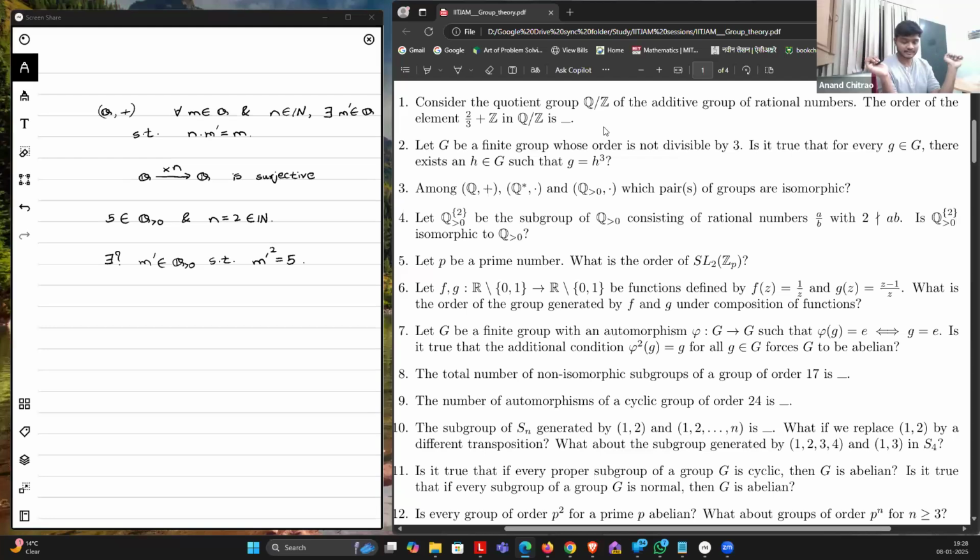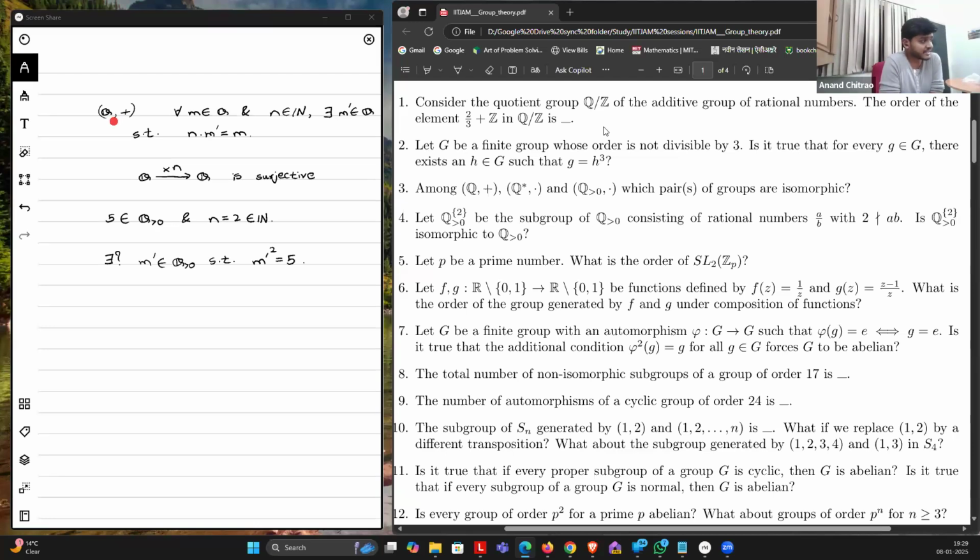Okay. The multiplication by 2 map is surjective on Q, but the same map on Q greater than 0 is not. Therefore, they cannot be isomorphic. Now, these are two opposite ends of a certain spectrum.